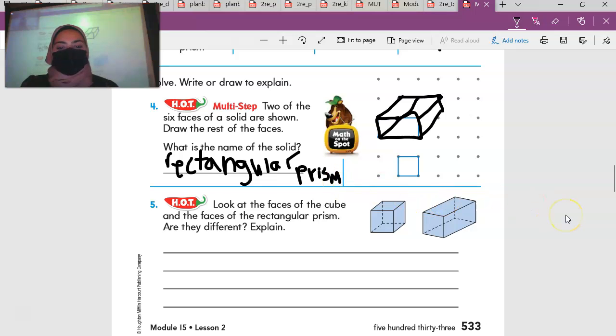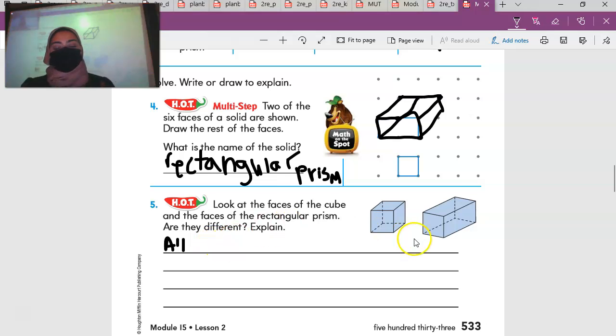Okay, look at the faces of the cube and the faces of the rectangular prism. Are they different? Are the faces of the cube different than the rectangular prism? Yes. All of the faces of the cube are a square. That's what you're going to write. Write that down. I'm not going to write it. You're going to write it.